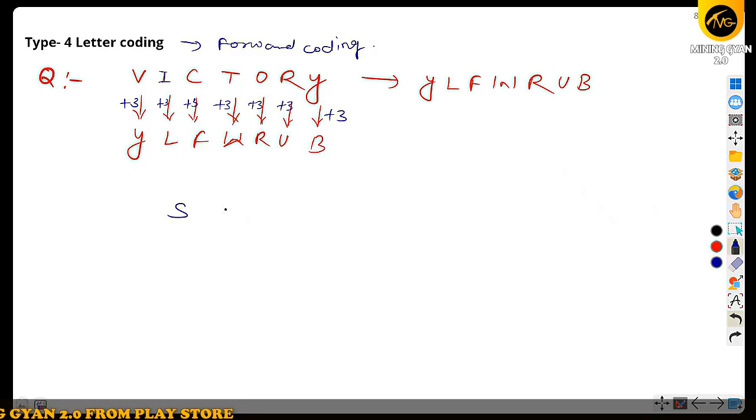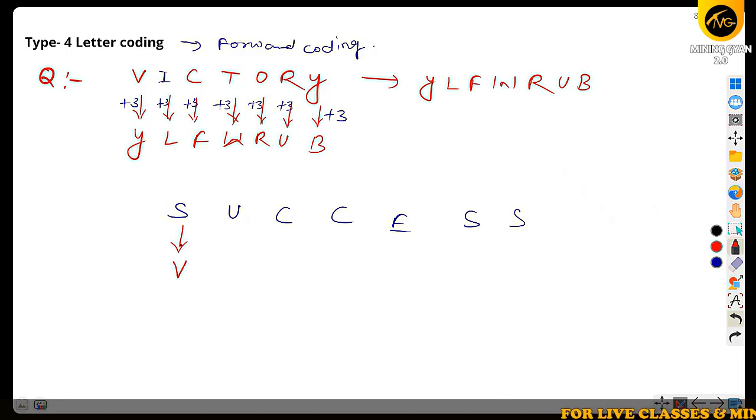The word is success. Now, you have to count plus 3 and use the alphabet for S. S, T, U, V. The gap between S and V will be 3. Similarly, U, V, W, X. The gap is plus 3.